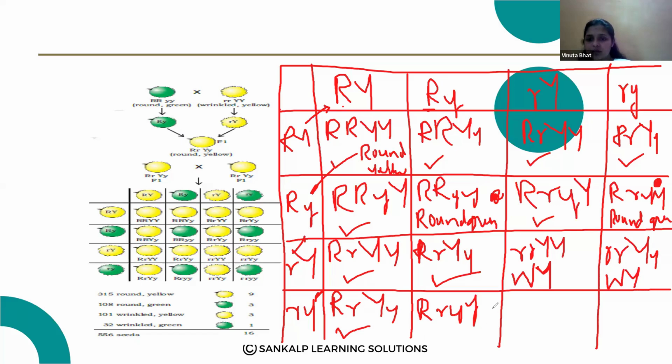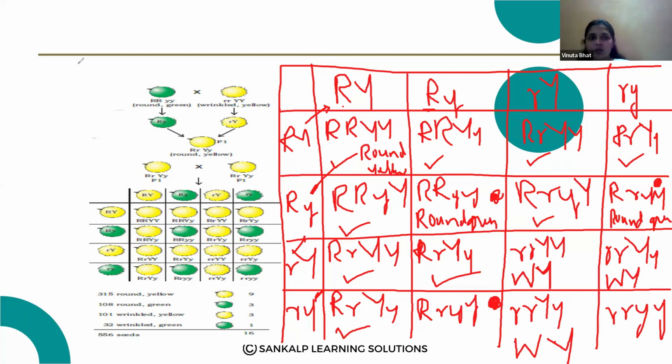So this is also round green seed. Then this one, small r, capital Y, small y. This is also wrinkled yellow seed. Last one, small r, small y.